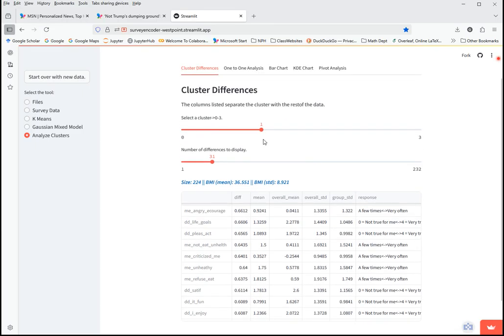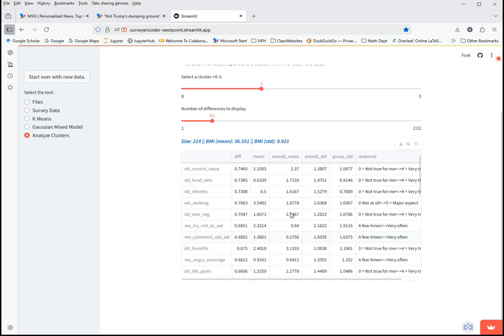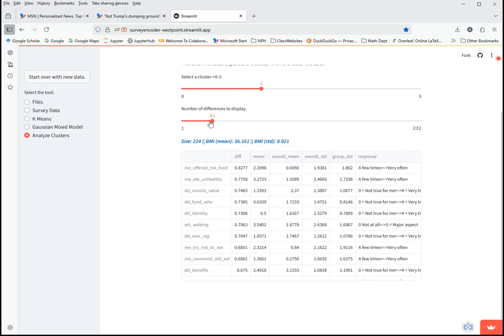But we can go to a different cluster. That was cluster 0, and now we're at cluster 1. You can see the BMI, you can see the size of it. This mean is 2.2. Okay, here's one. DD identity. This particular cluster has 0.5 as the mean, and the overall mean is 1.61.